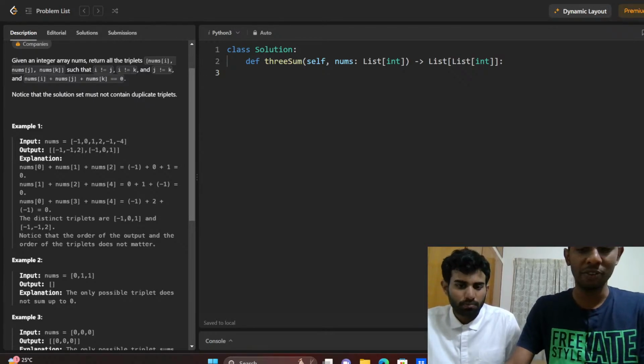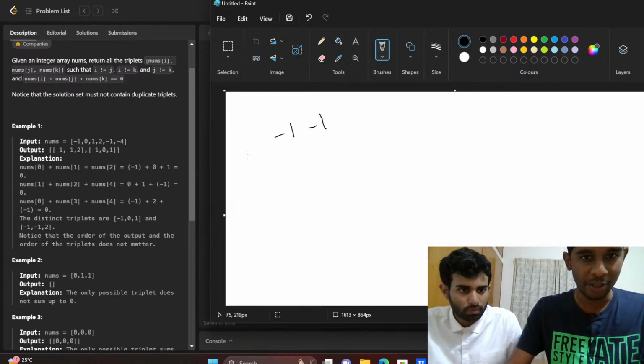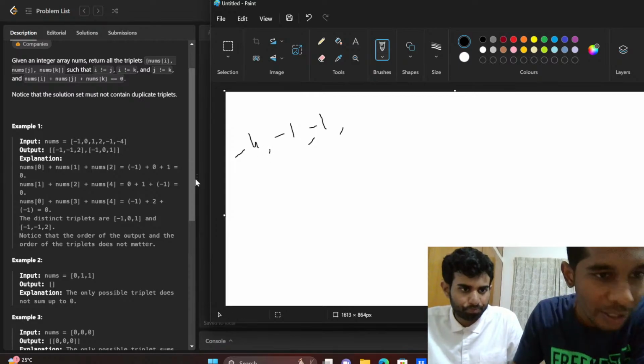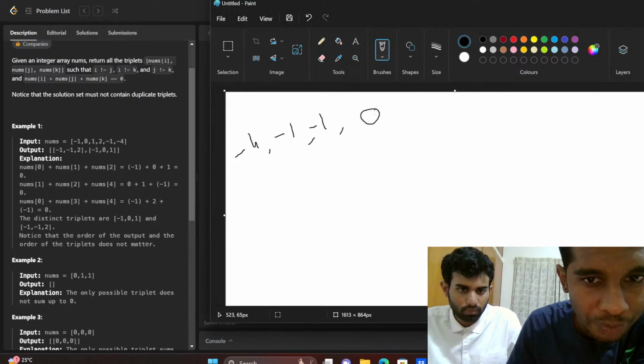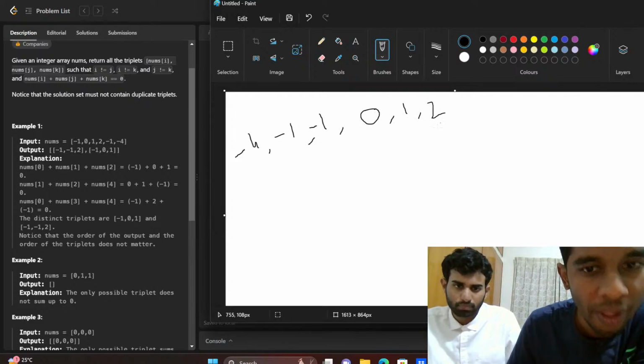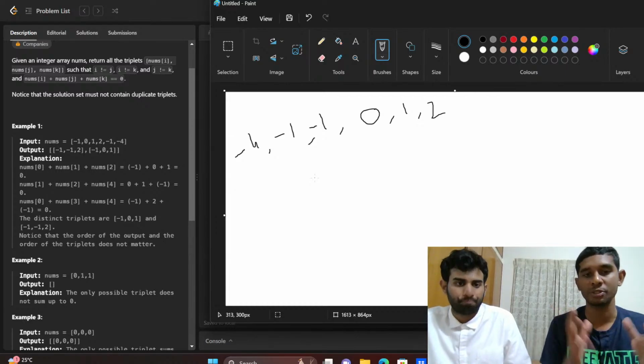So let me sort all these elements. Minus four, minus one, minus one, zero, one, two, right? Now what we do is we're going to use this two-pointer approach.